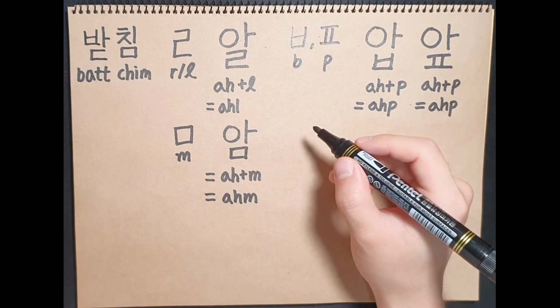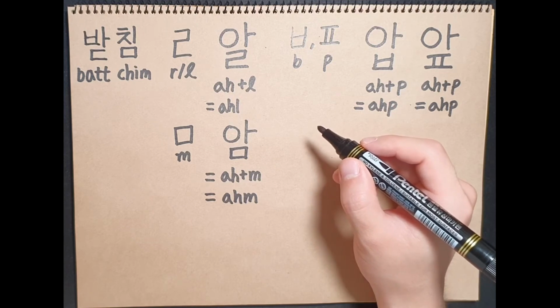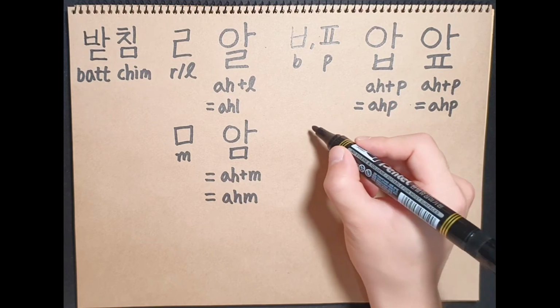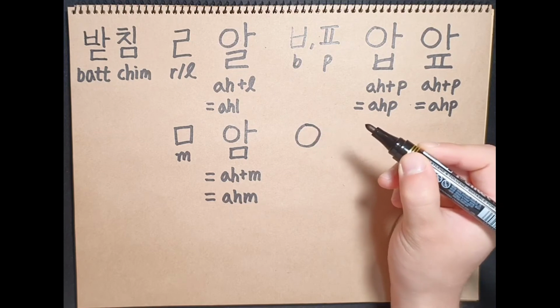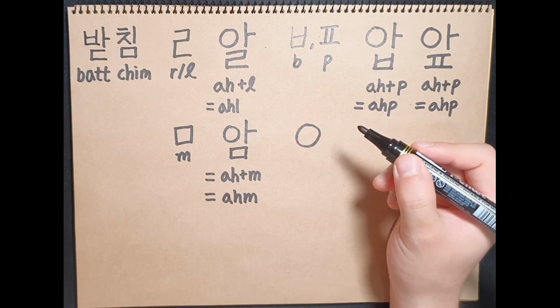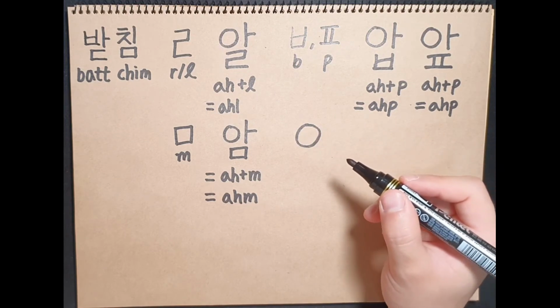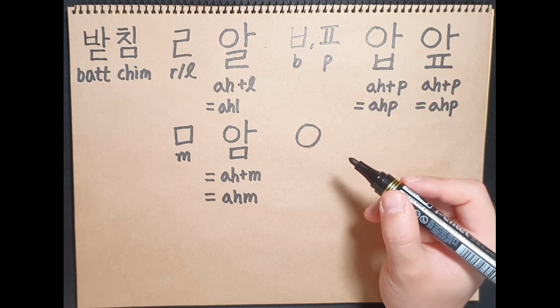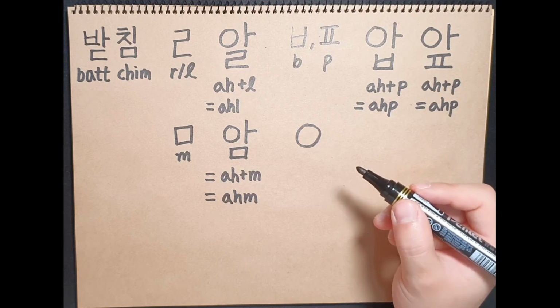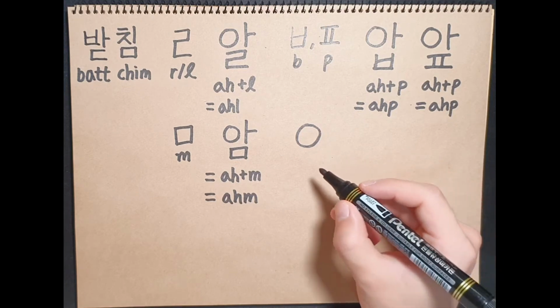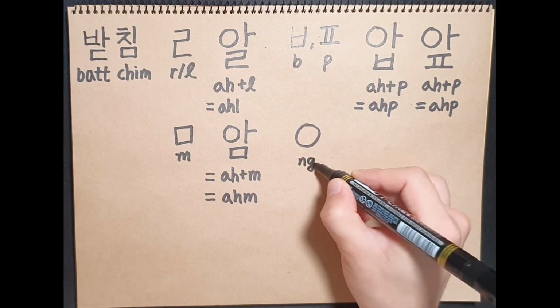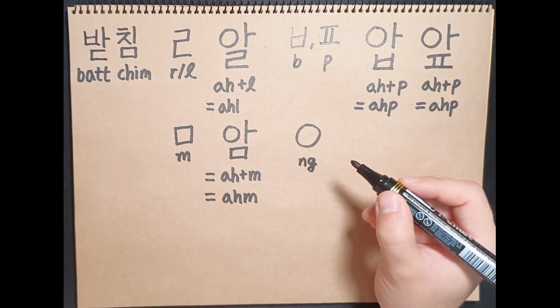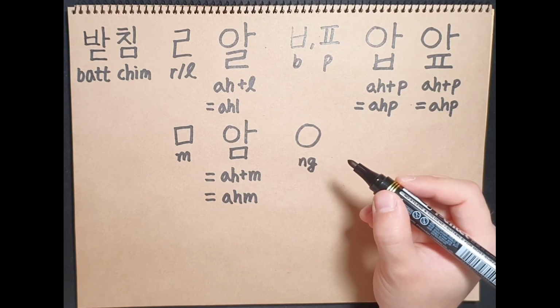And the next Batchim pronunciation, and today's last one, is ieung. Ieung doesn't actually have a sound when it comes at the front or when it comes first at the letter. But when it goes to the bottom of a letter, it has the sound like ng in English.